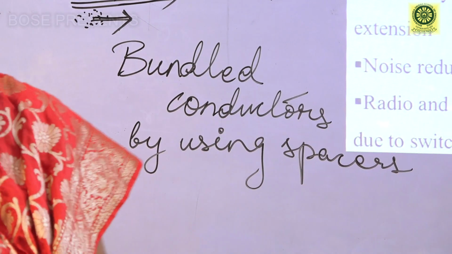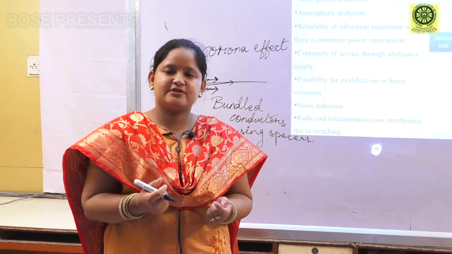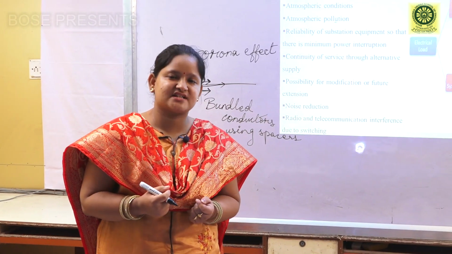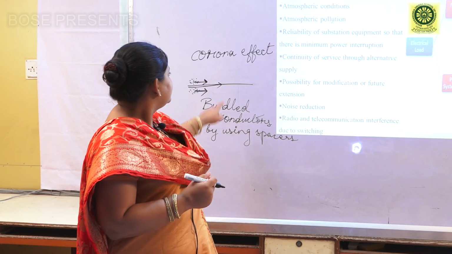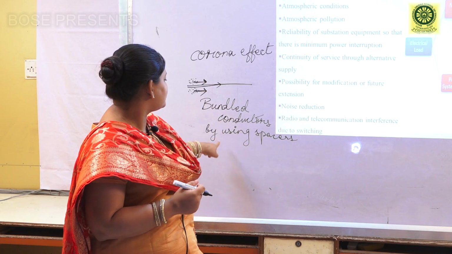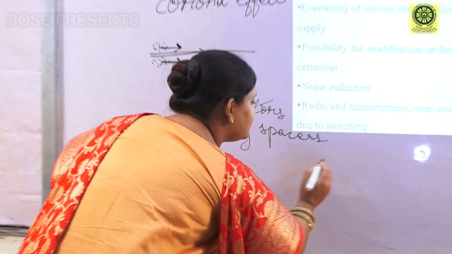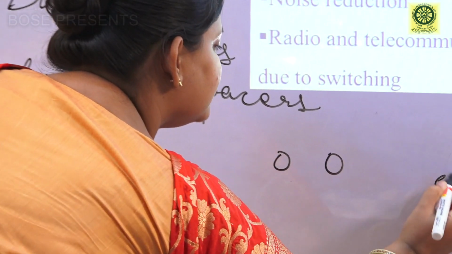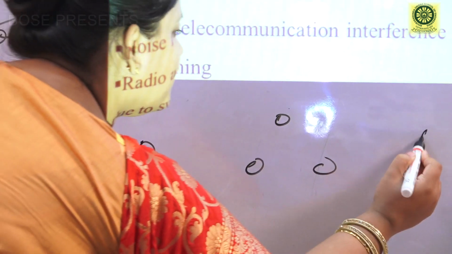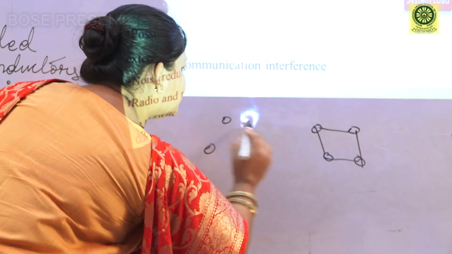We all know nowadays coronavirus is spreading, so what are we using? Social distancing. In the same way, here also for the corona effect, we have to use bundled conductors with spacers. That means one phase will consist of 2 or 3 or 4 wires in this manner.